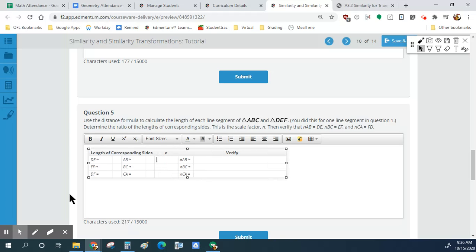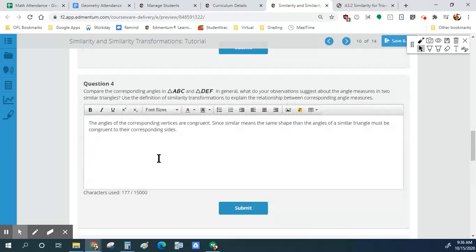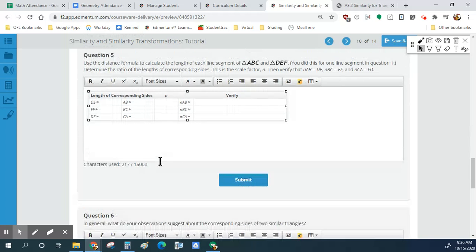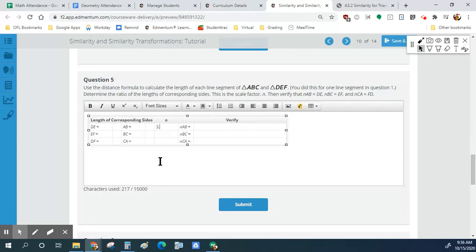All right. So what we're gonna do here is they want us to write the AB and then we're gonna multiply by something. So we're gonna write this side, we're gonna write this side, and then we're gonna multiply by the n. So our n is our scale factor. So in this case, our scale factor was 3.35 divided by 2.24 for all of them.